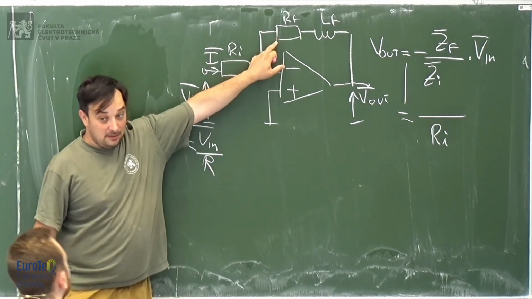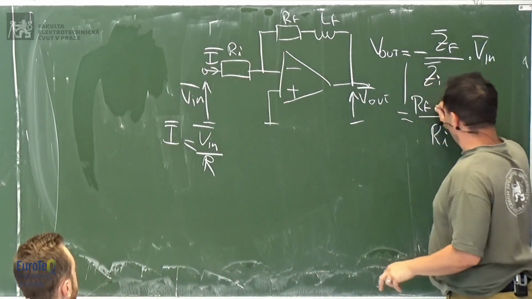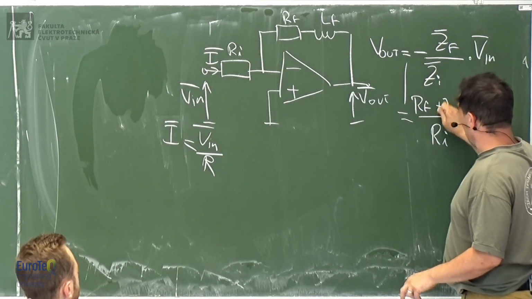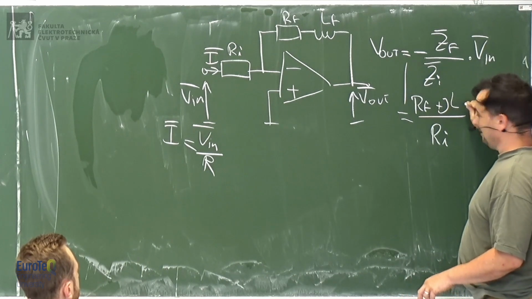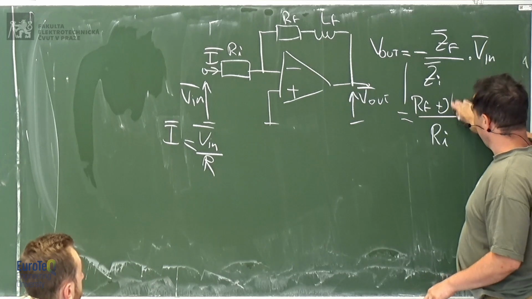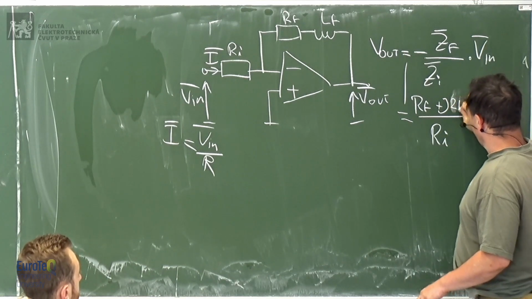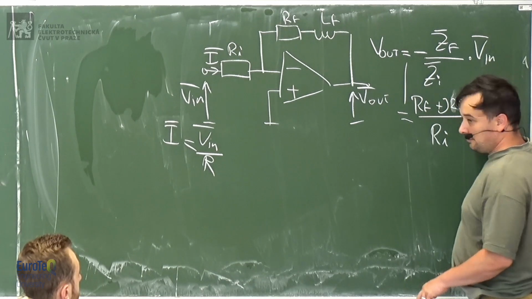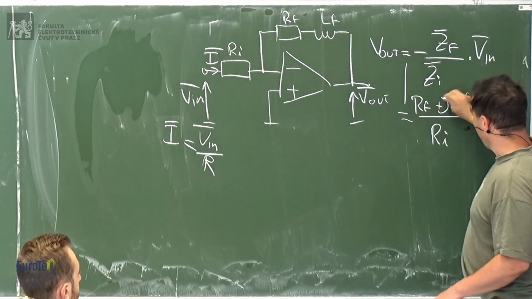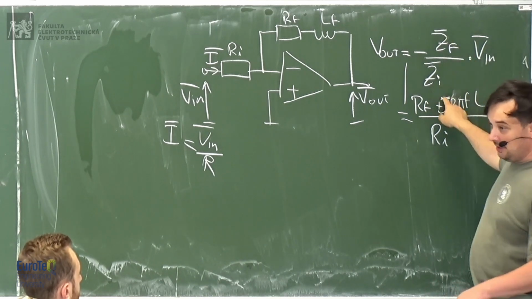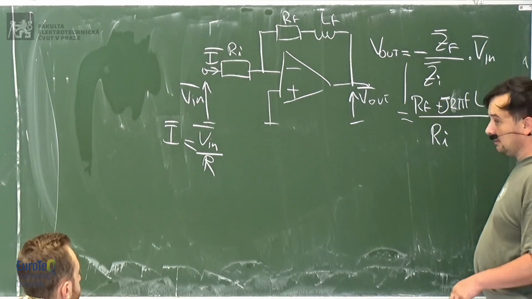And then the feedback is going to be RF plus j L omega, where we can write 2 pi F as omega. So it's a complex number, and this phasor is given by this complex number times V in.